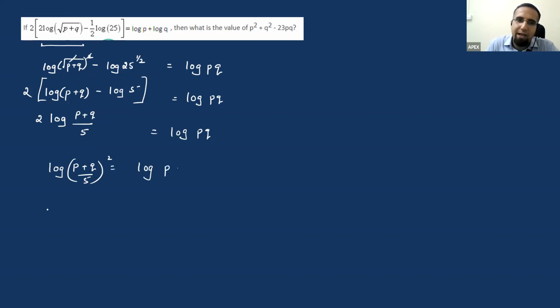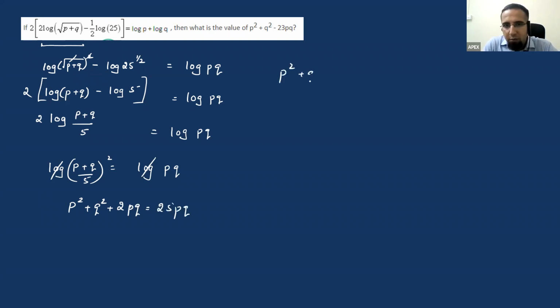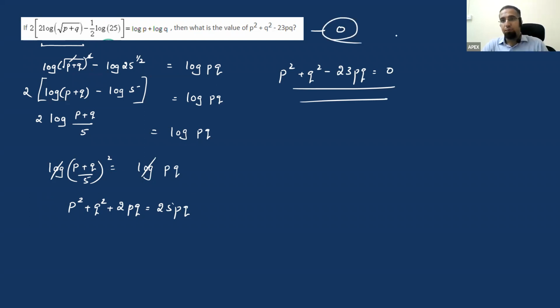So your log and log get cancelled. Now let's open the brackets. This is p square plus q square plus 2pq is equal to 25pq. Or eventually we have p square plus q square minus 23pq is equal to 0. So therefore our answer in this case becomes 0.